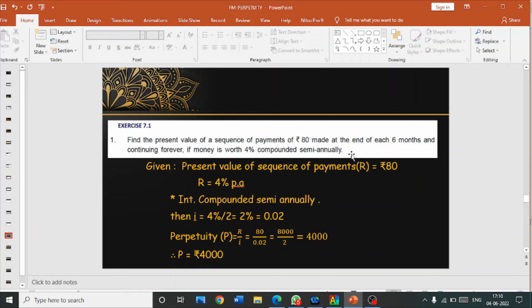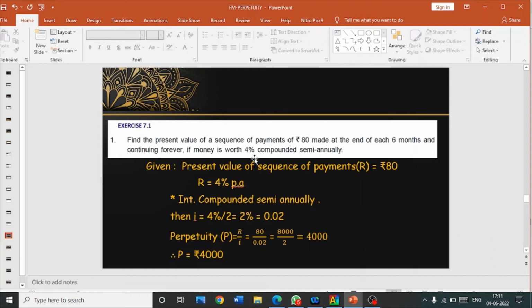So what are all the clues we have to listen to? The payment is made at the end of each period. So formula present value is equal to R by I. What is I? R is 4%. I will be, as it is semi-annually, 4% divided by 2. 4% is nothing but 4 by 100, 0.04.